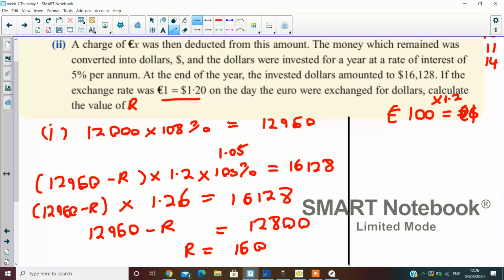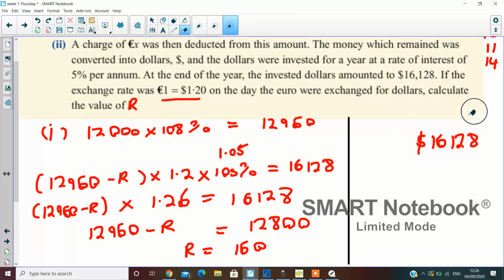I'm going to try a slightly different method on my left hand side here, because you guys might have laid it out differently. The $16,128, yeah? What percentage of your original investment is that? How much extra did you add on? You added on 5% extra. Would you agree with that? So do you all agree that 105% is the same as 16,128?